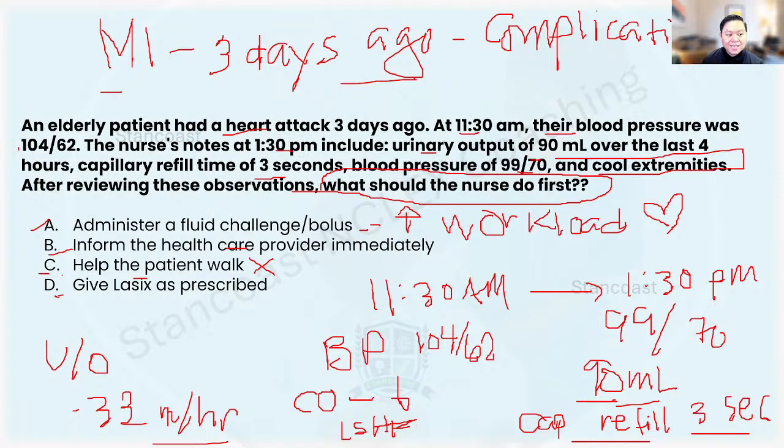Now, if we are answering letter D, give Lasix as prescribed. Kind of tempting, right? Remember my lecture about the fluid overload and administration of Lasix? Kind of tempting to give that answer, but this is going to be inappropriate at this time. Why? Because the patient already has a low blood pressure.